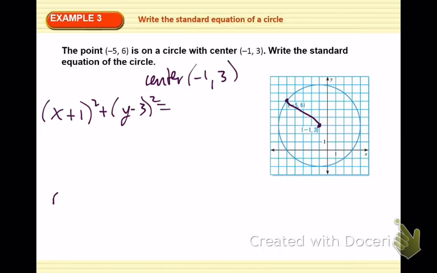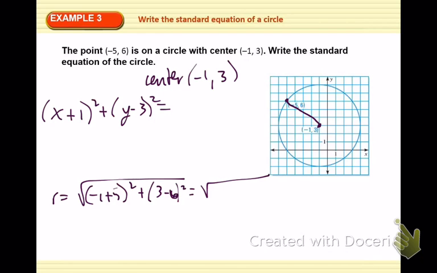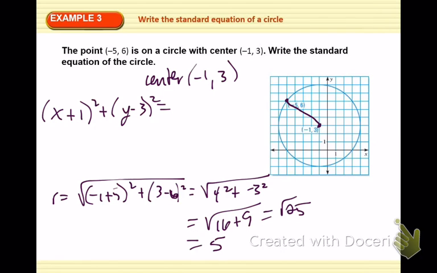So the radius is going to be equal to the square root of (-1 plus 5) squared plus (3 minus 6) squared, which is 4 squared plus -3 squared, which is 16 plus 9, so the square root of 25, and so the radius is actually 5. When we put it into the equation, we've got to square that 5, so this is 5 squared, which is 25. And we're done.